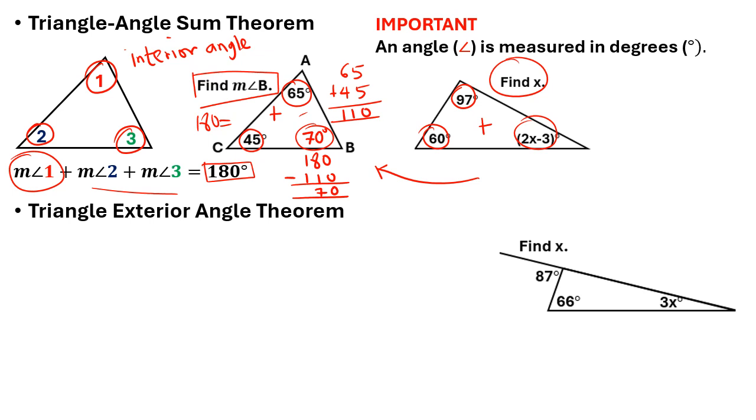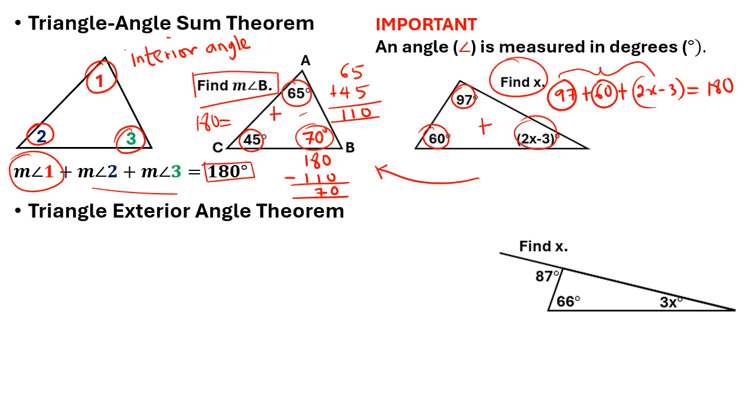All right, so let's go ahead and do this. So 97 plus 60 plus 2x minus 3 is equal to 180, coming from the theorem. So these are the three angles, 1, 2, and 3. Add all three angles together, and we get 180.